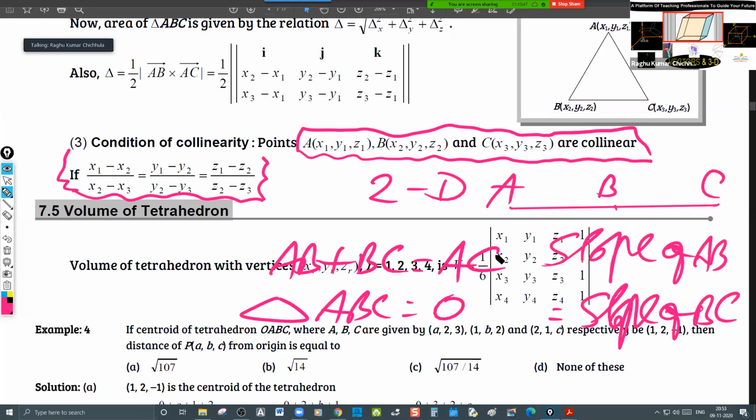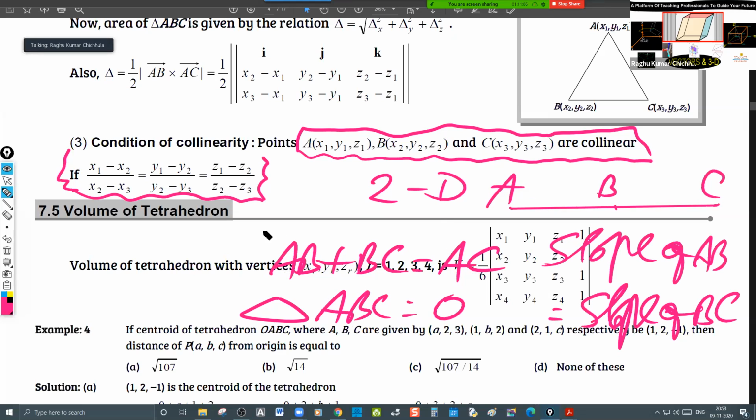So there are 3 methods in 2-dimensional geometry. Distances: the sum of any 2 distances is equal to the third distance. Area of triangle is 0. Slope of AB is equal to slope of BC. And all this we have in 2-dimensional geometry.